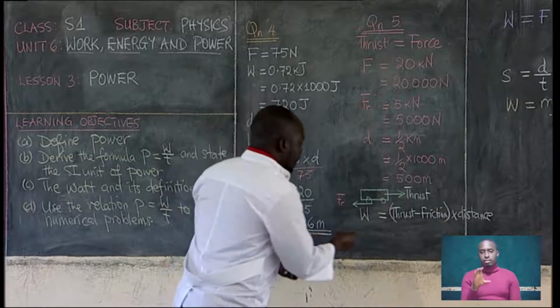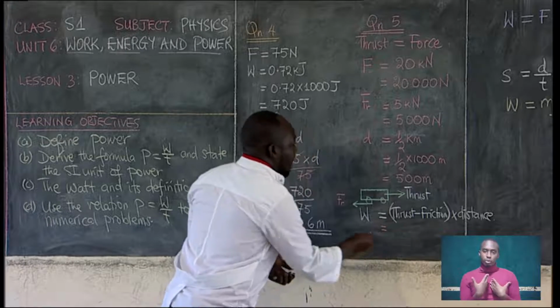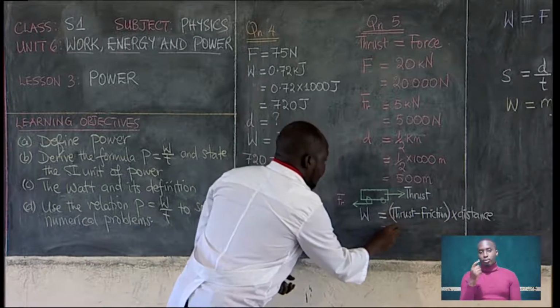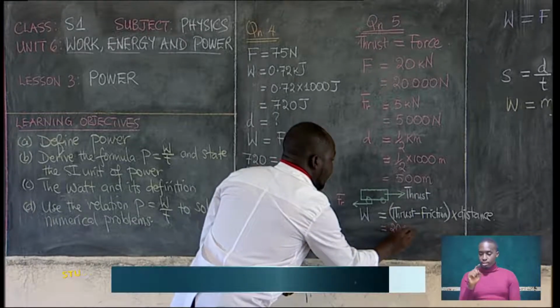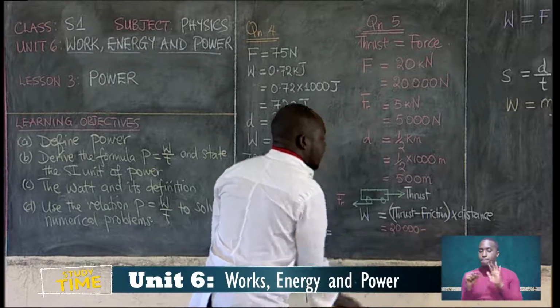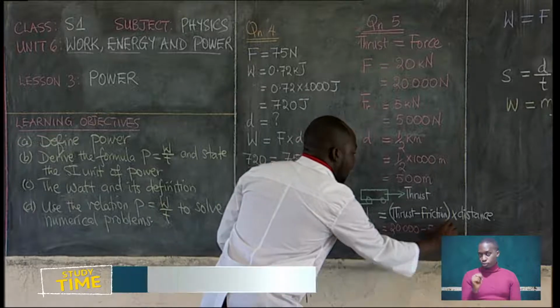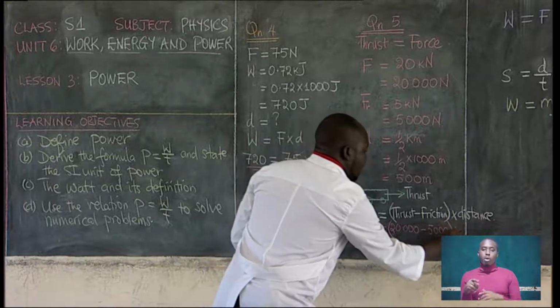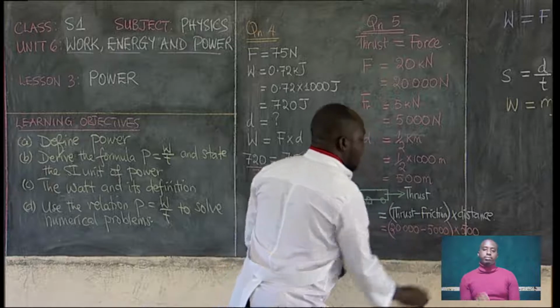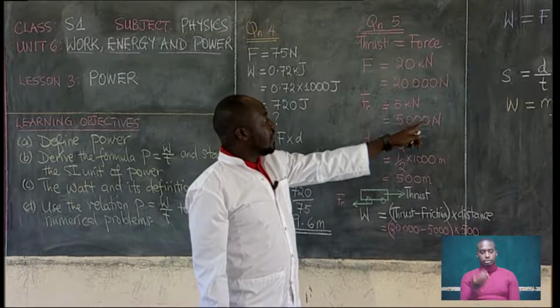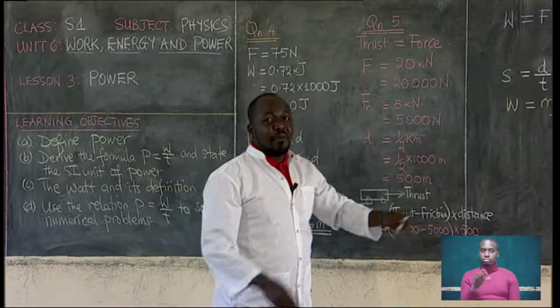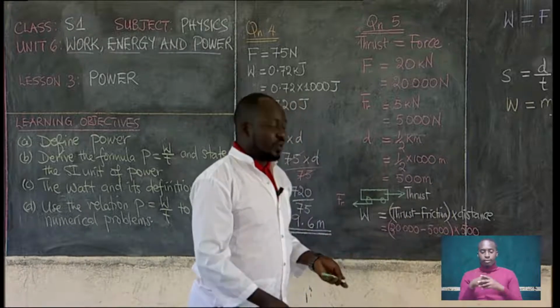The thrust there, you can see, is 20,000 minus the friction. Friction is 5,000. Then we shall multiply this by the distance, which is 500 meters, because newtons here, newtons there, meters. Everything is in the standard unit.